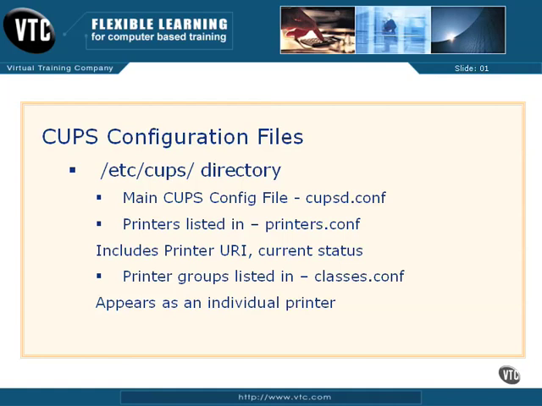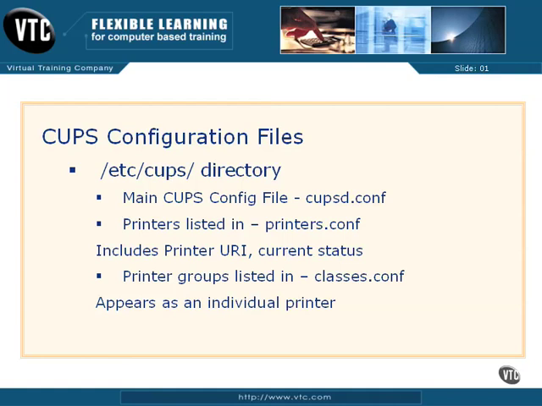A version of this file is available in cupsd.conf.default, and that's how the cupsd.conf file was when the CUPS service was first installed. Any printers that have been configured are shown in the printers.conf configuration file.